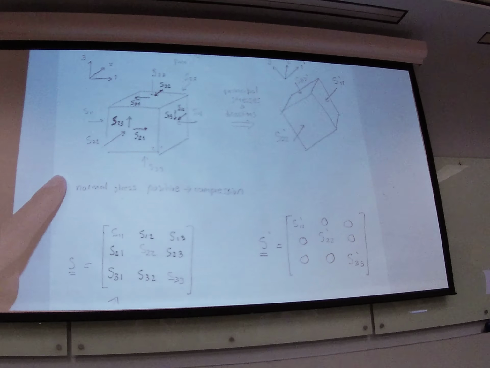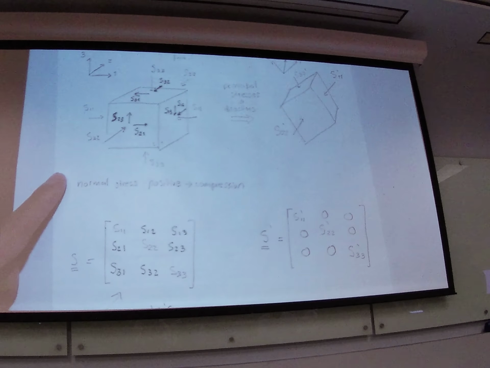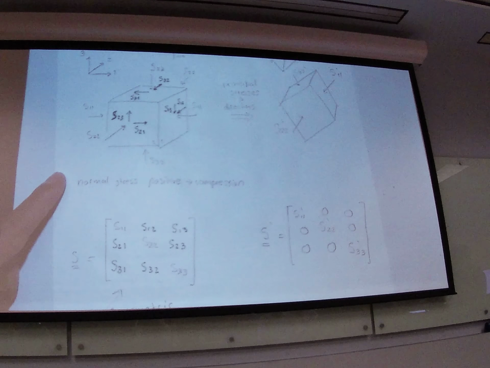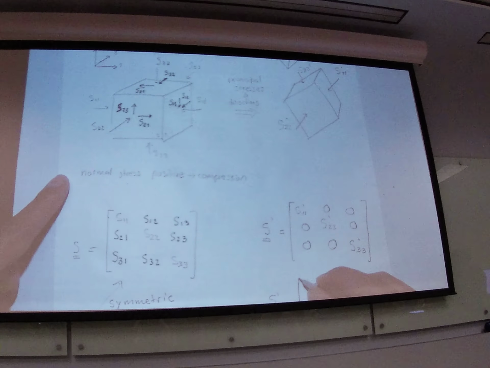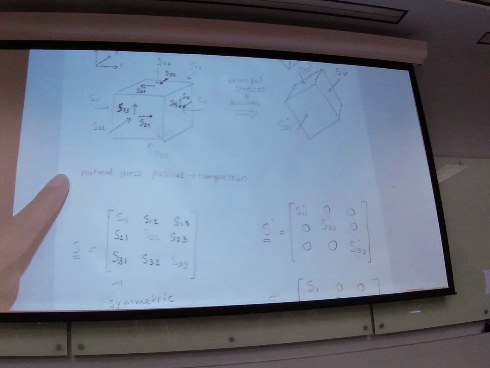They're going to be different. And whenever we do that, we like to simplify this a little bit further, and we write this stress tensor just as S1, S2, and S3. Remember, all shear stresses are going to be 0. That's the definition of the principal direction.